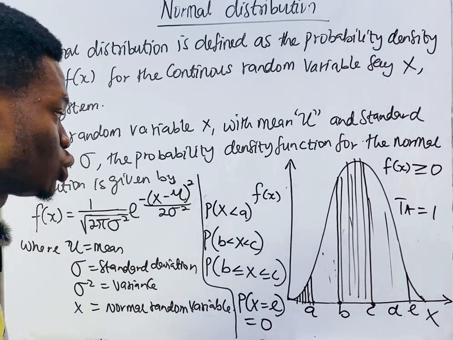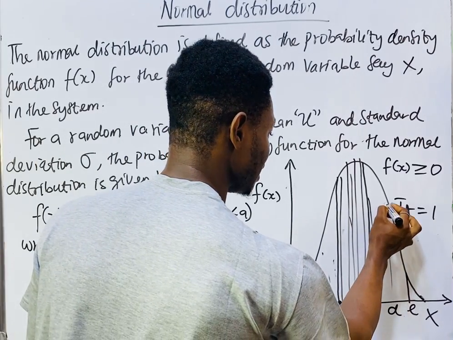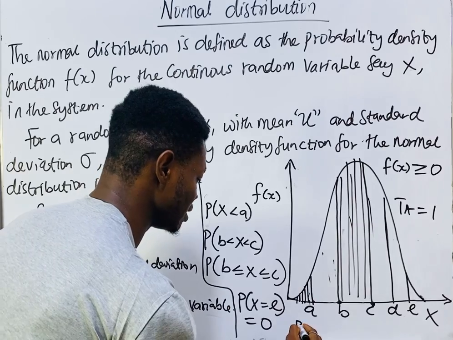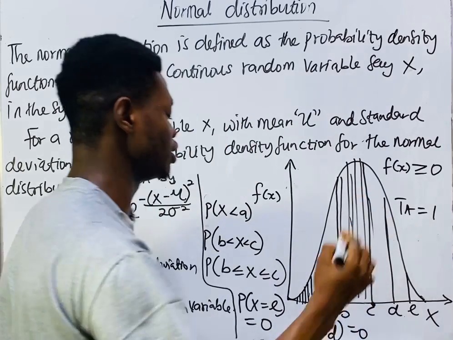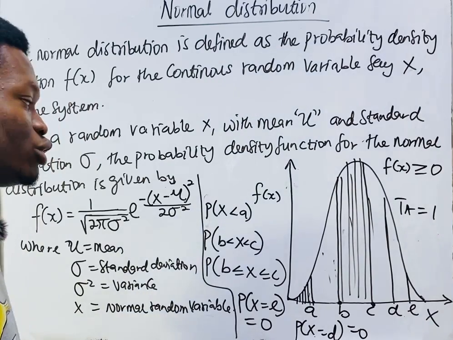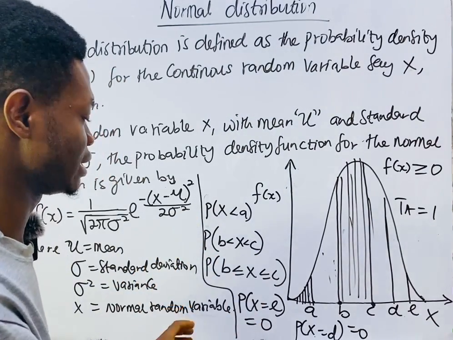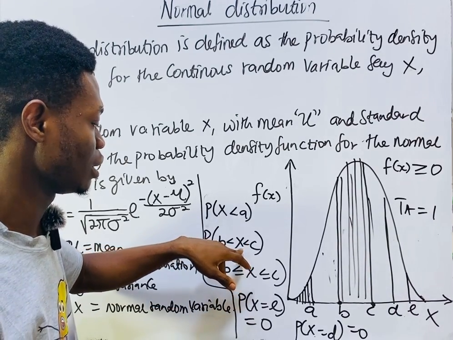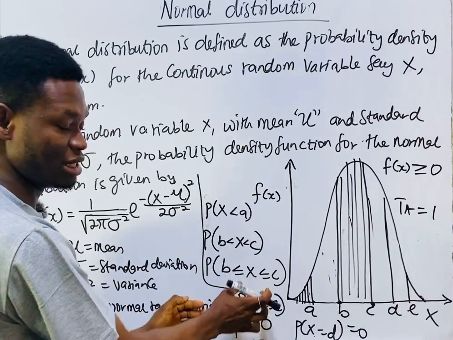That's what I want you to keep in mind. For example, if they ask you to find the probability that X is equal to D, it will be 0. So whenever you see B less than X less than C, it simply means the area between them.